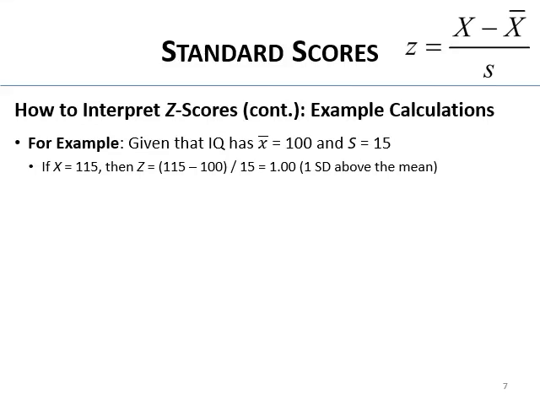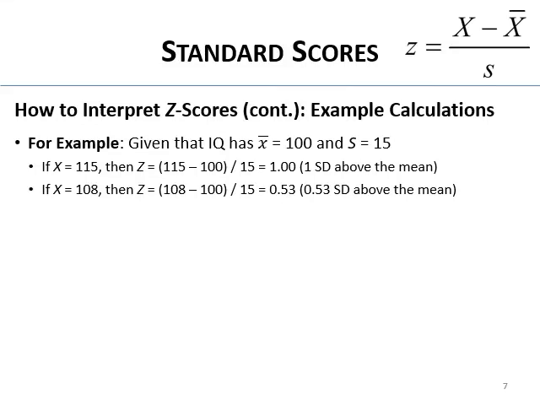What does that mean? Well, it means that person's IQ was 1 standard deviation above the mean. So it was higher than roughly 84% of all people. That is 50% below the median plus 34%.